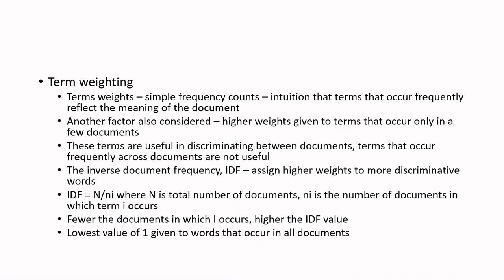Another factor can also be considered in representing these terms. We can give higher weights to terms that occur only in a few documents. Instead of just counting the frequency of words, in order to discriminate between documents, can we find words that occur only in certain documents?